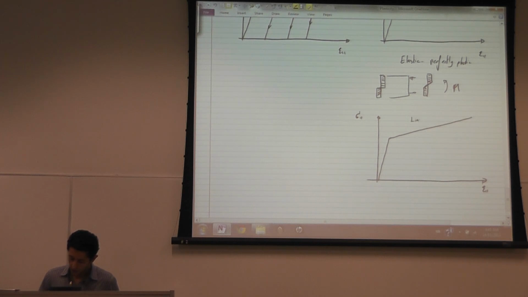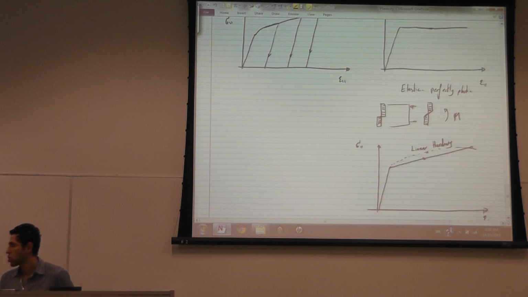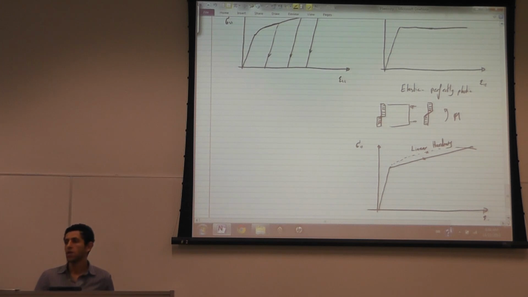Linear hardening. It's really not a very big deal if I just approximate this curve with a linear curve, especially since if you test another specimen, you're going to get a totally different curve.